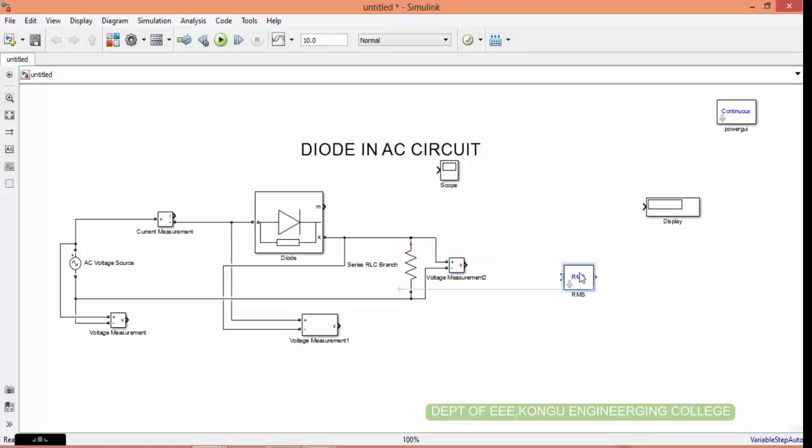Next, RMS block. Again, as we are having three voltage measurements, we need three RMS blocks.